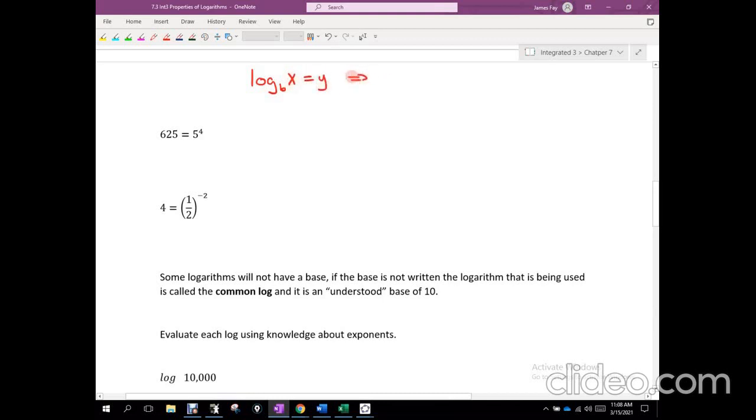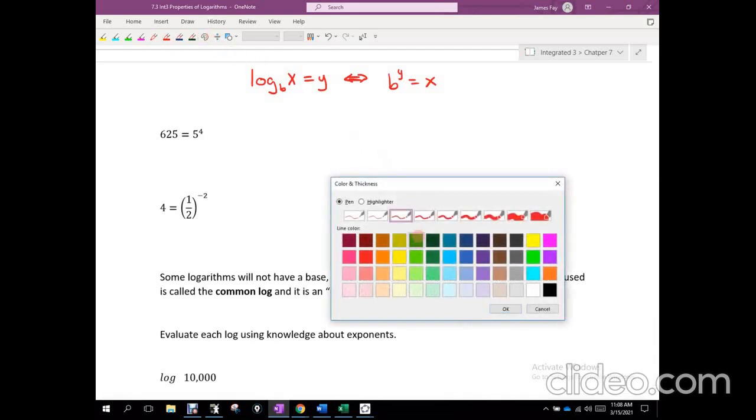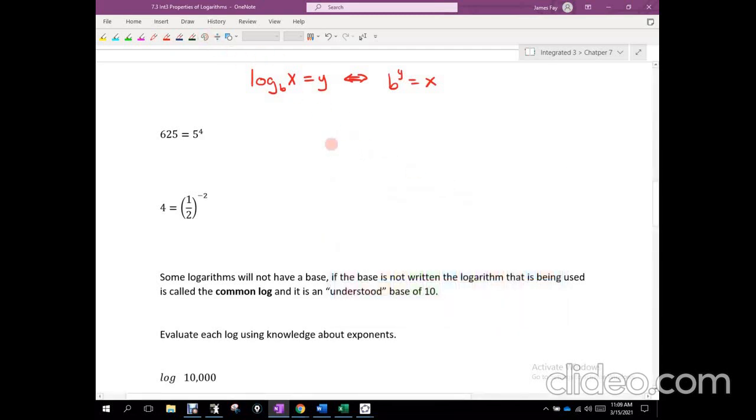Then I'll put my if and only if arrow, and then I'll say b to the y equals x. Then I will rewrite it in the reverse order: b to the y equals x, if and only if log base b of x equals y.